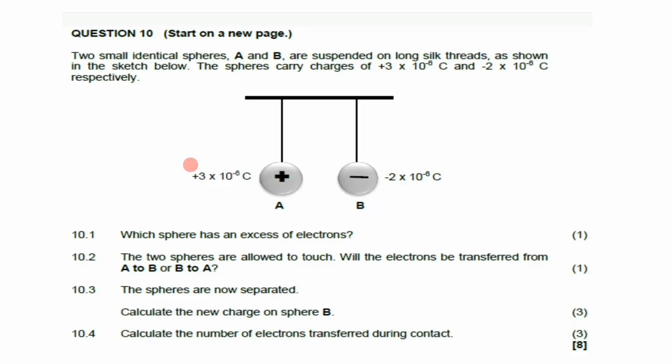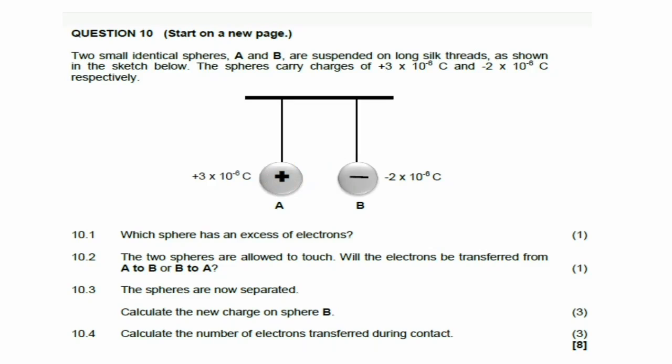Now 10.3 says the spheres are now separated. Calculate the new charge on sphere B. So now we want to calculate the new charge on sphere B, but that happens after A and B have come into contact. Since this is a positive and a negative, the two spheres will attract each other, come into contact, and then share the charge equally amongst themselves, right?